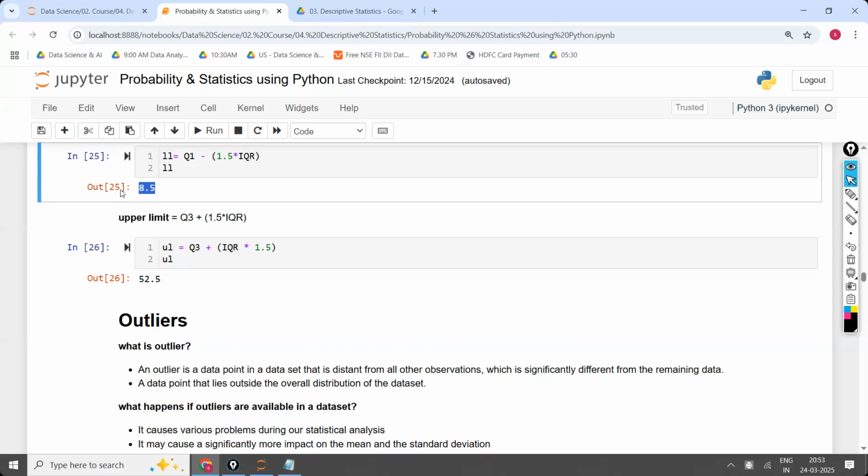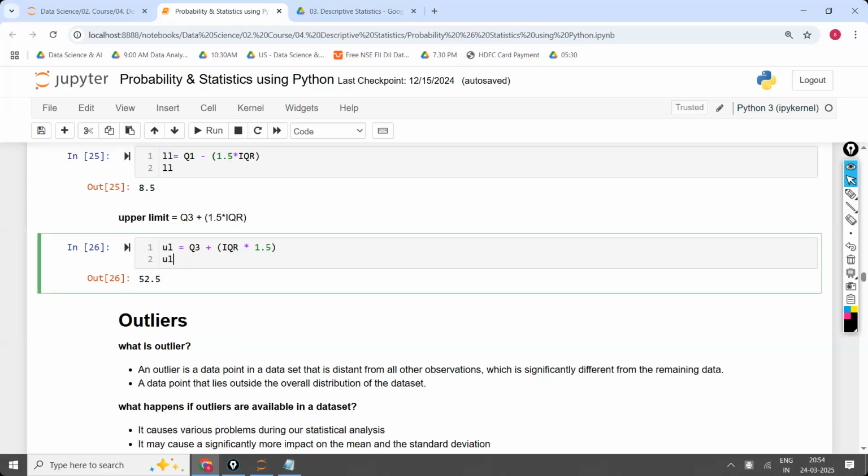Yes. What number? 59. That is considered an outlier. Is any value less than 8.5 there in your data set? No. It means lower side outliers are not there. Only an upper side outlier is there, which is 59. So in your data set, 59 is considered an outlier. So any value greater than the upper limit is considered an outlier. Any value less than the lower limit is considered an outlier.